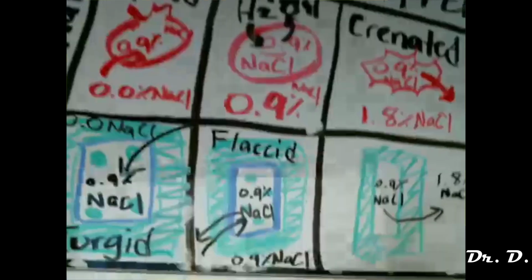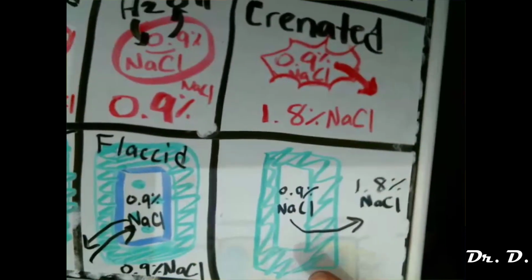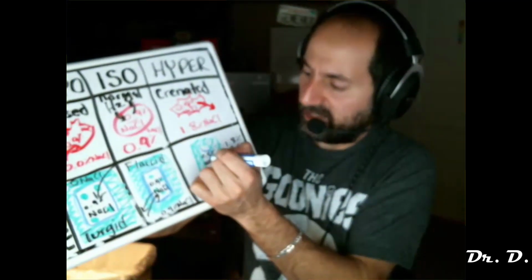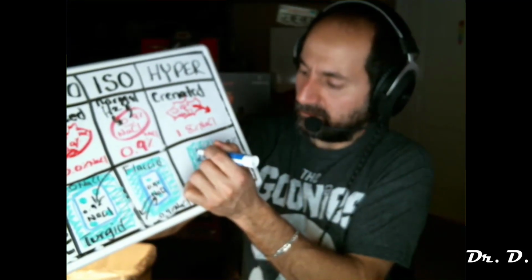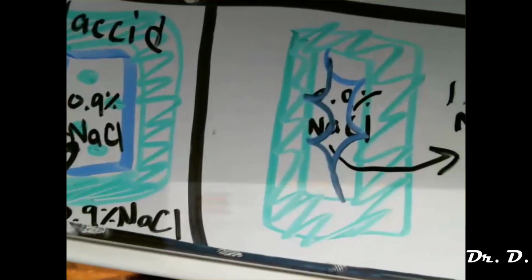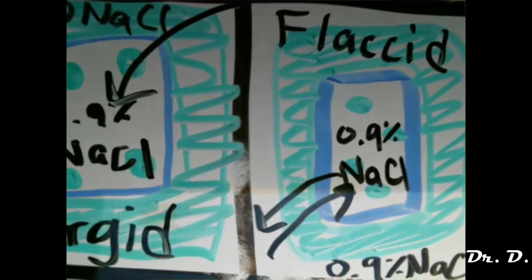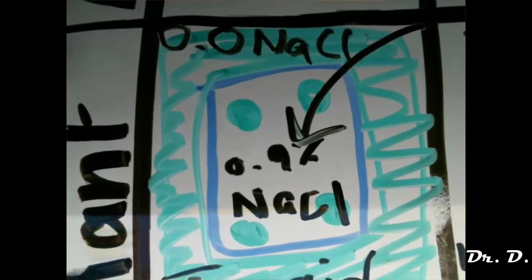You see what happens? Let me show you something special. You remember the blue plasma membrane? Only that shrivels. You see that? Look. You see what I drew there? The blue is the plasma membrane. You see the blue was nicely pressed against the cell wall.